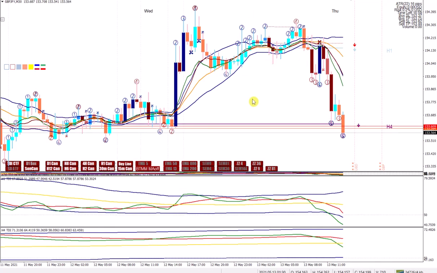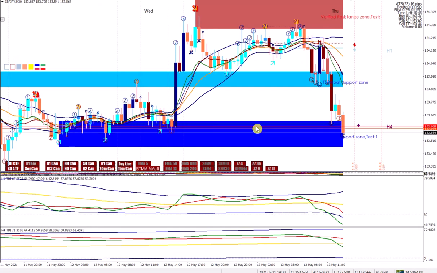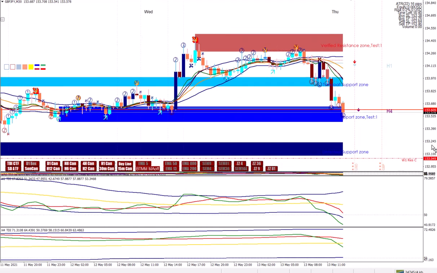Just as a matter of interest, I put in a supply and demand zone indicator to see what's actually going on here. Here it is. And you can see this is a massive area of interest here, right? So there's a definite zone down here.